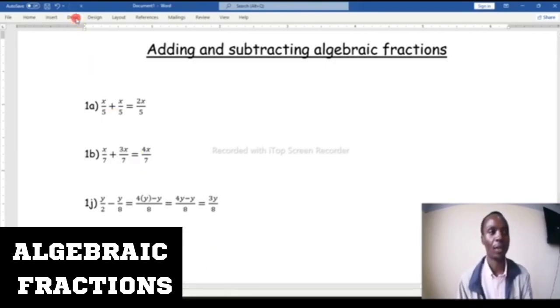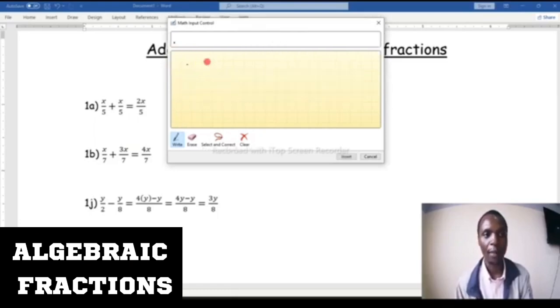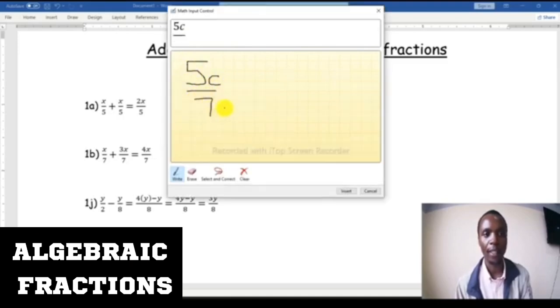It wants us to show all the steps, so we're going to show all the steps as required. 5c over 7 minus 2c over 5, equals.